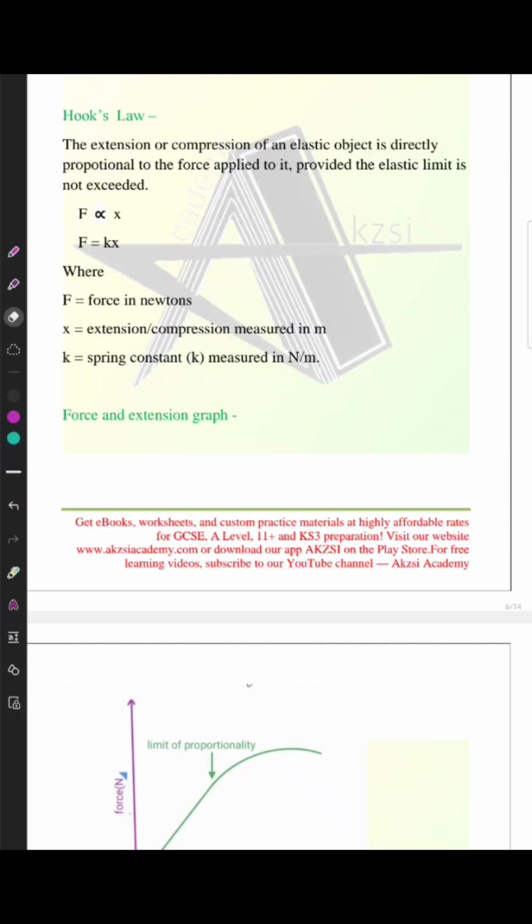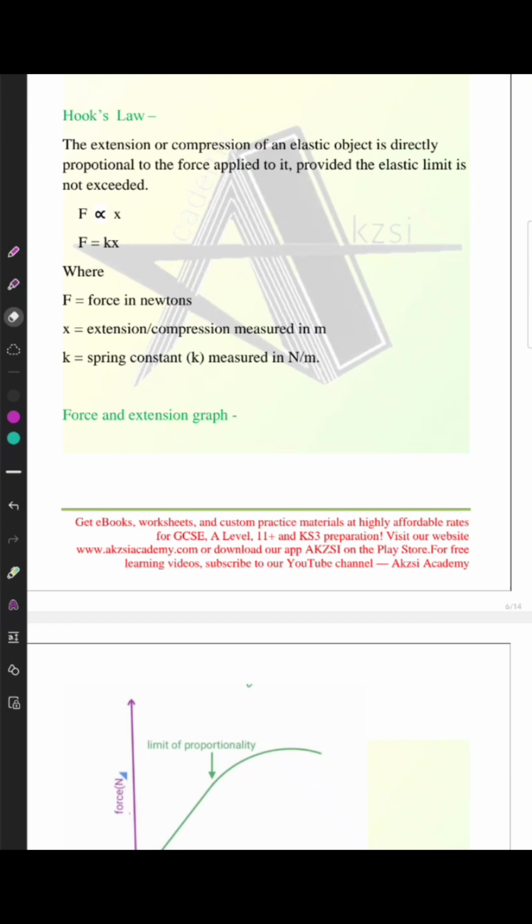If you apply less force, you're not able to extend it as much as with the larger force. So they are directly proportional, that means they share a direct proportion. Every time you increase the force, the deformation also increases by the same factor, but this is only up to the elastic limit.